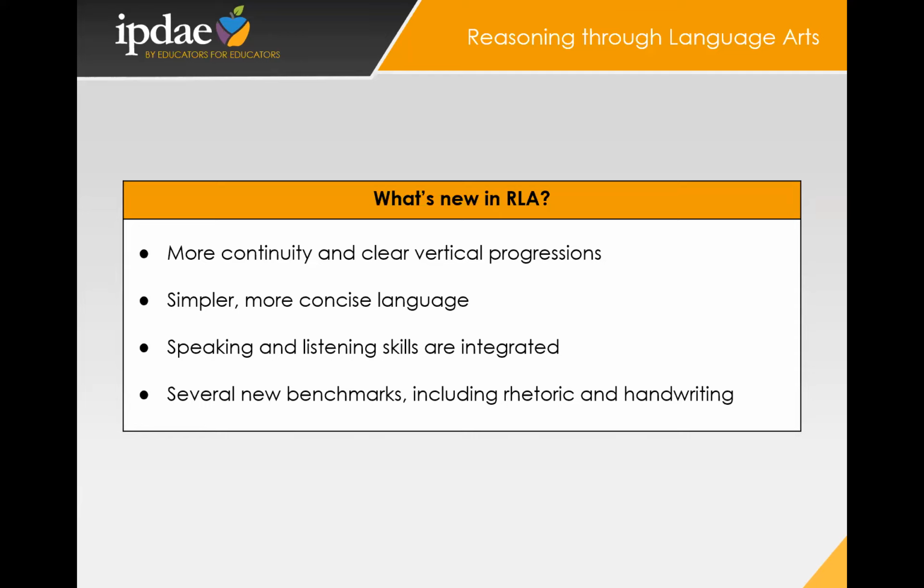Two of those examples are rhetoric, which helps our students improve their critical thinking skills. And you will also start seeing some standards that focus on students' handwriting and improving that handwriting. That is a skill that is also very important to employers.